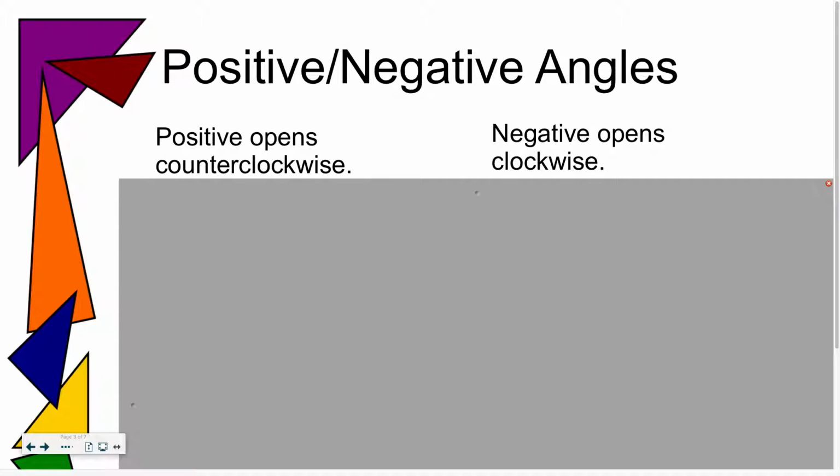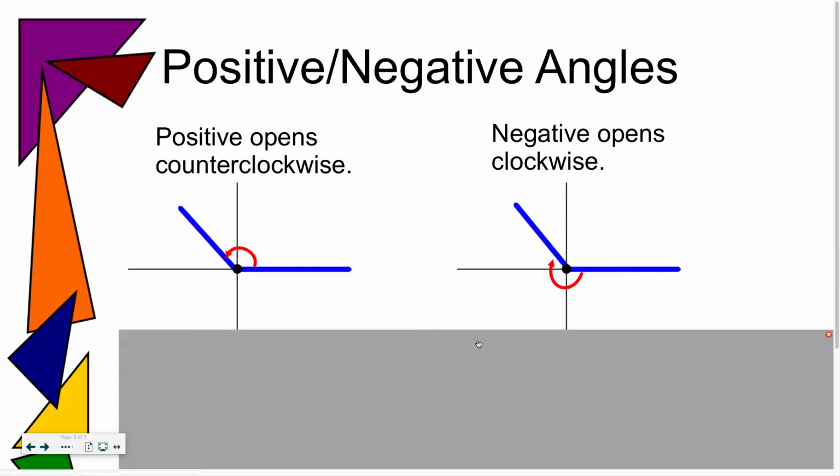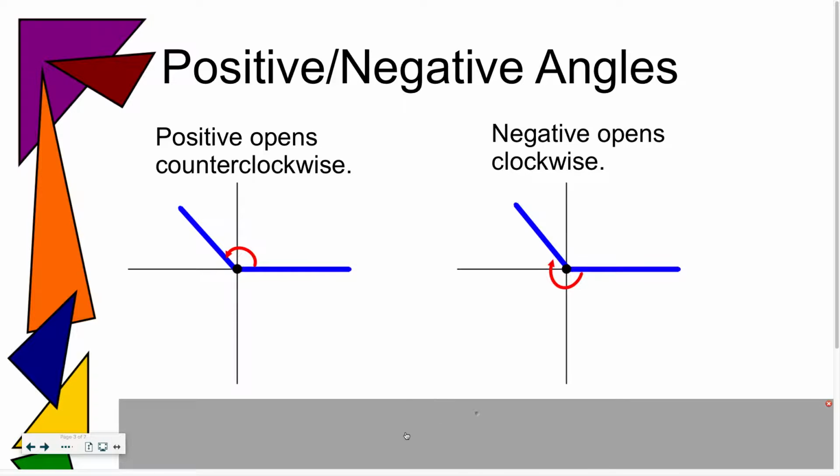Okay, so let's talk about this positive and negative angles business. Positive angles open counterclockwise, negative angles open clockwise. And if you want to draw an image for yourself, these two angles that I have on the screen, I mean, the blue parts look exactly the same.